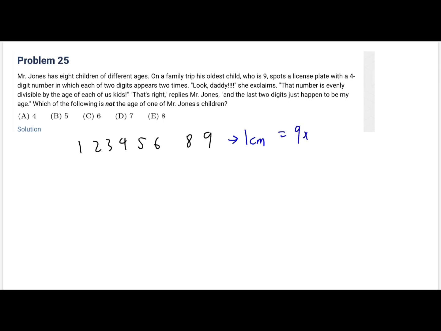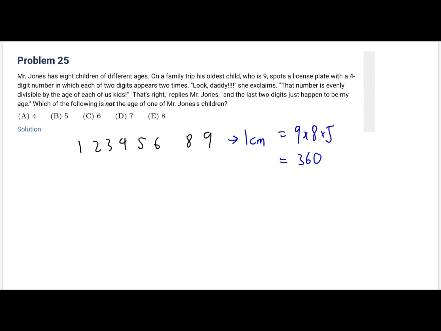9 times 8 times 5, which is 360. And to make 360 into something, this is not possible, since 360 can't be made into a 4-digit number in which each of 2 digits appear 2 times.